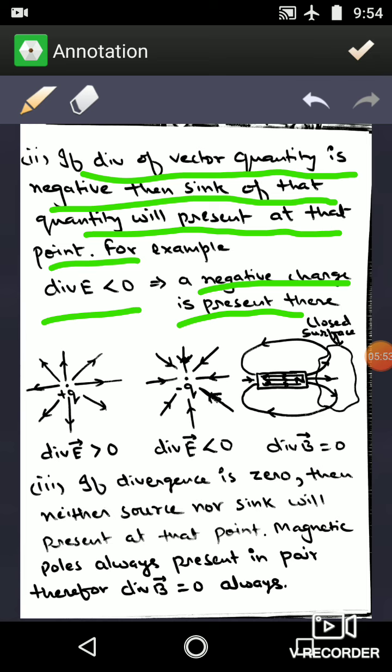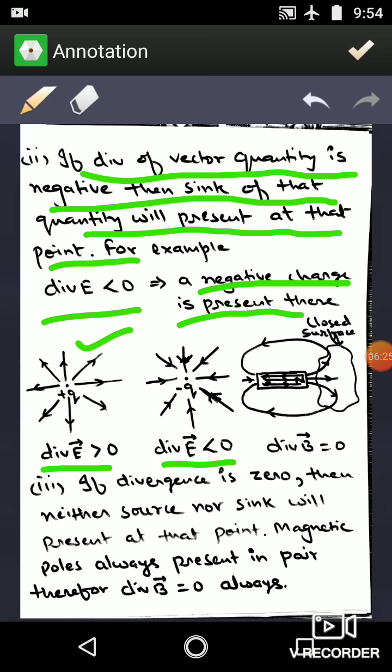Here I have shown diagrams to illustrate physical significance of divergence. If there is a positive charge, then divergence of E will be positive because field lines will come out from that particular point. If there is a negative charge, then field lines will approach towards that negative charge, therefore flux will be negative and hence divergence will be negative.